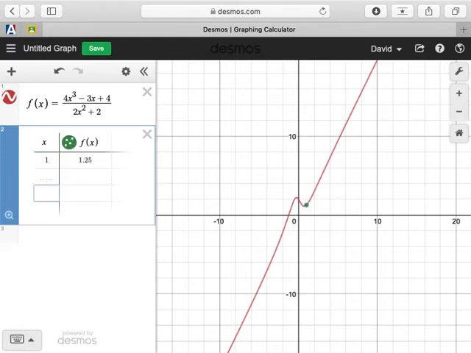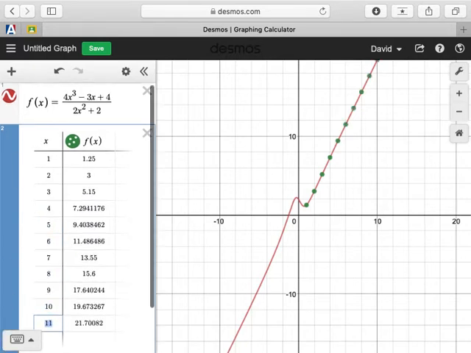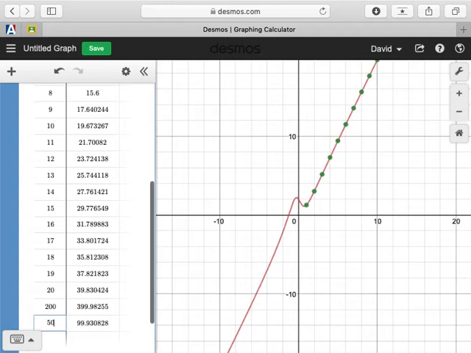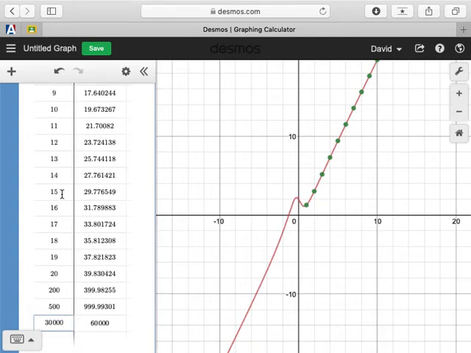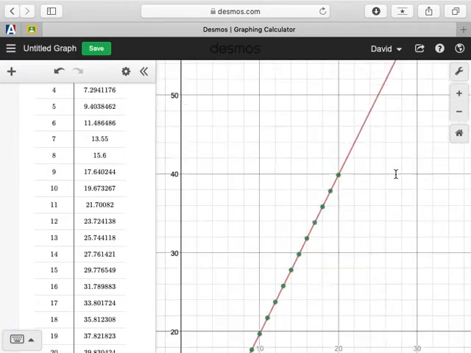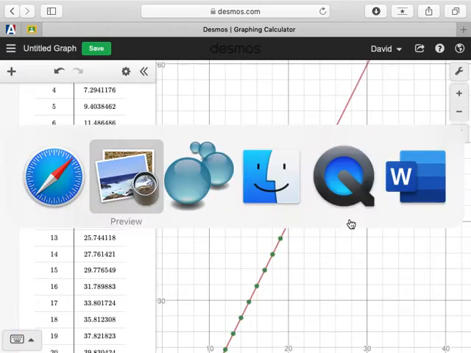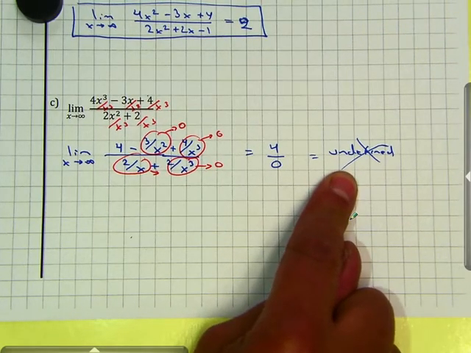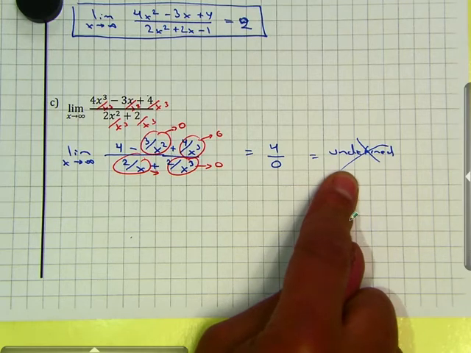What happens as the values get bigger and bigger? Or I make 200 or 500, the numbers are getting larger and larger, correct? So therefore, according to this, it's infinity. But according to this, it's undefined. Why? So what is the difference and which is correct?